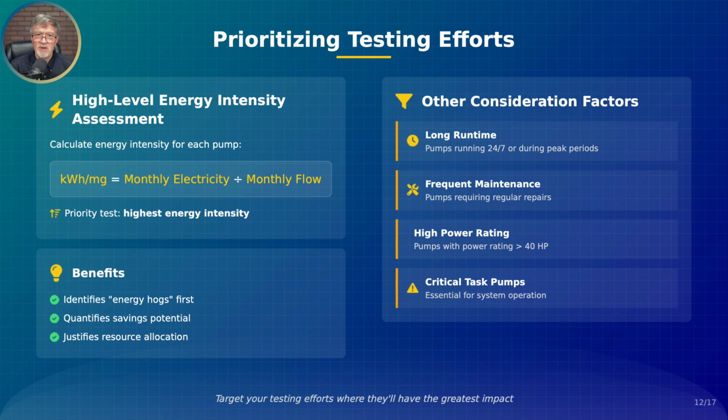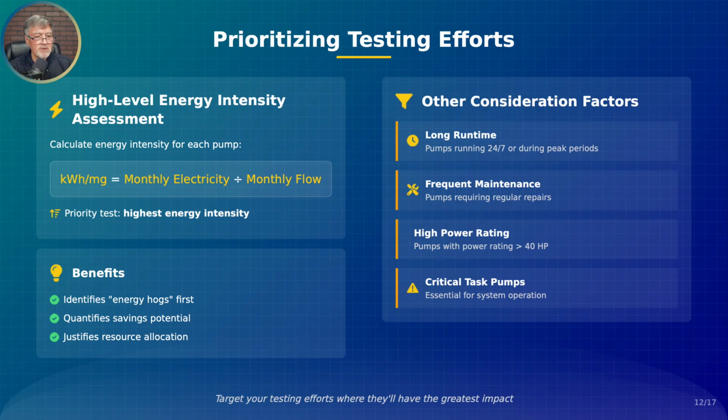So you want to have things metered so that you can actually calculate what's being used at that pump. That's just good practice anyway, because that's going to allow you to do pretty effective wire to water efficiency calculations.